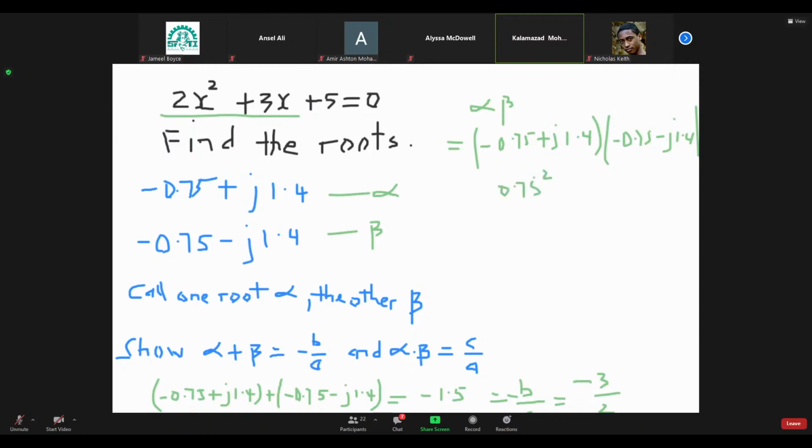So all we have to do is to work out squared plus, what do we get? 0.75 squared plus 1.4 squared is equal to 2.5.